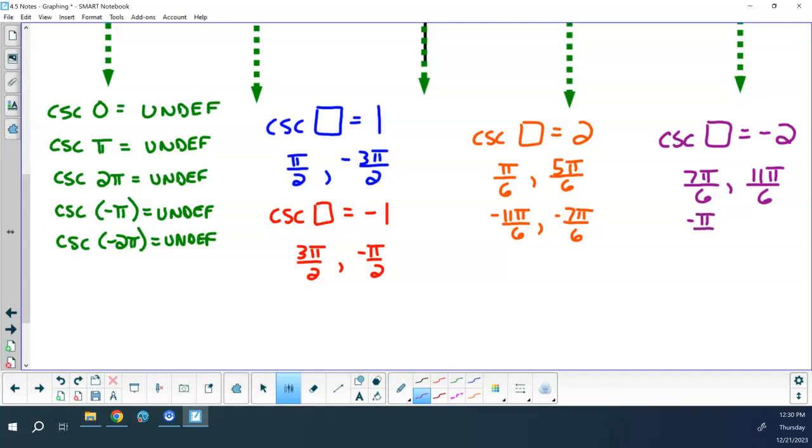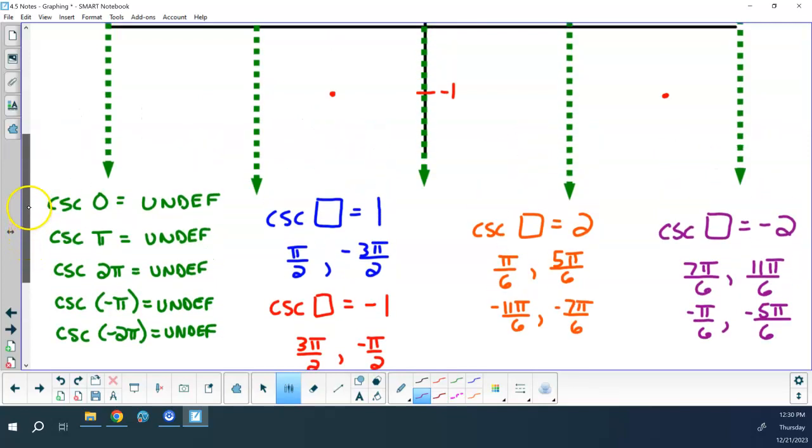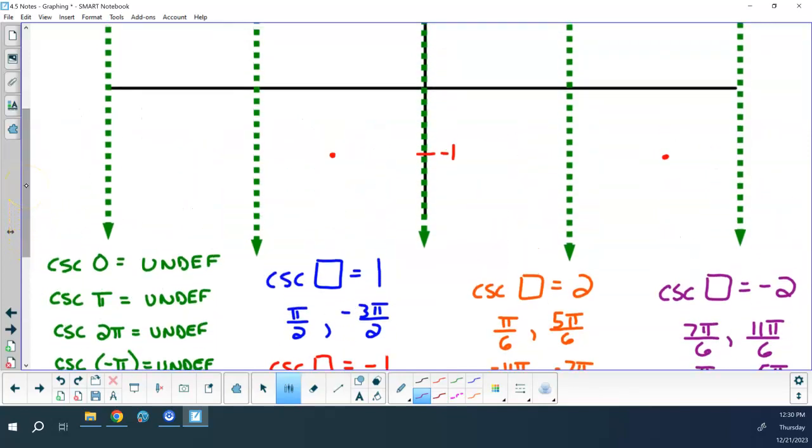Negative pi over 6. Negative 5 pi over 6. Seven pi over 6 would be here. 11 pi over 6 would be there. Negative pi over 6 would be here. Negative 5 pi over 6 would be there.